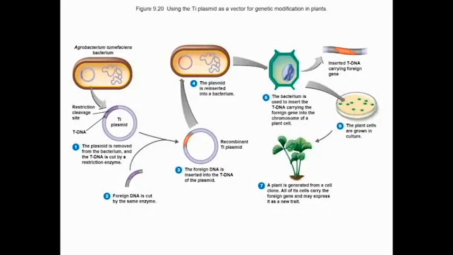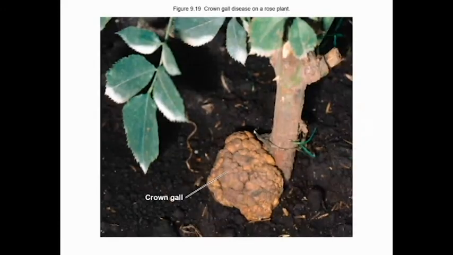So we have the Ti plasmid with the T-DNA, so you can clone a piece of DNA you want and then introduce it into the plant cell. And this is what produces the crown gall, the tumor-induced, like this, okay?